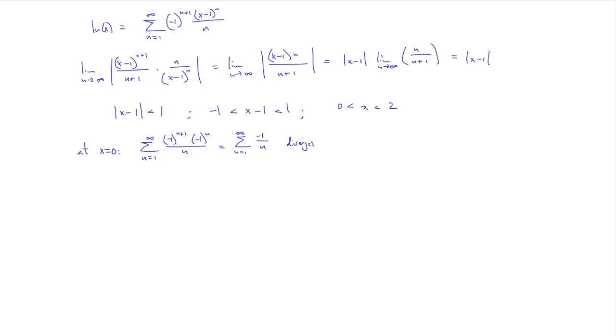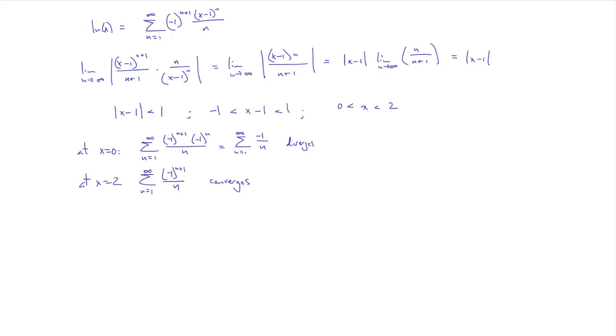Regardless of what value n has, one of (negative 1) to the n plus 1 and (negative 1) to the n is negative and the other is positive, and a negative times a positive is a negative, so we always come up with negative 1 in the numerator. And so this just becomes the sum, n equals 1 to infinity, of negative 1 over n, which is negative 1 times the harmonic series, and so that diverges.